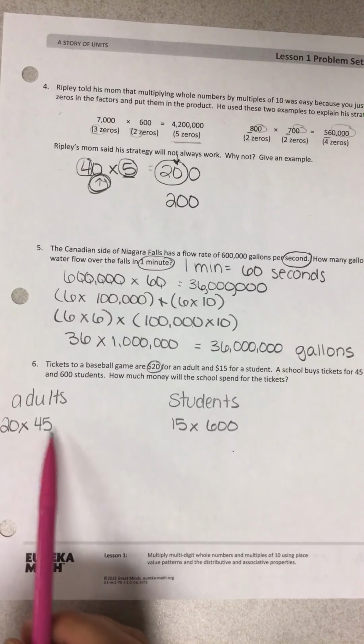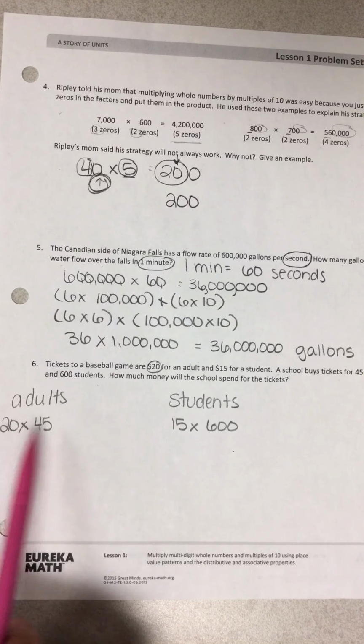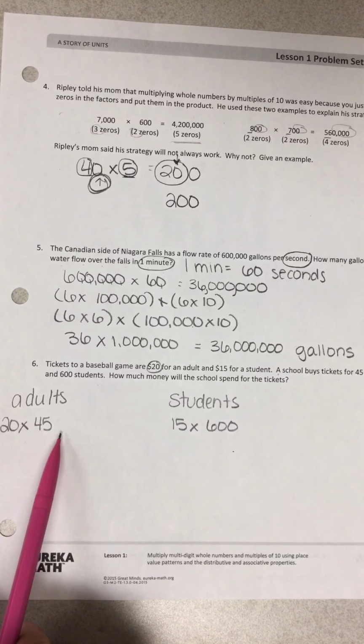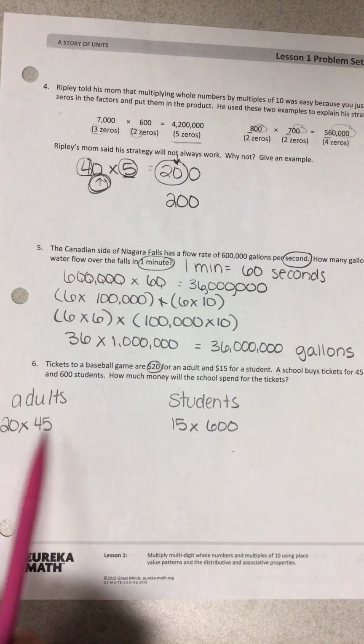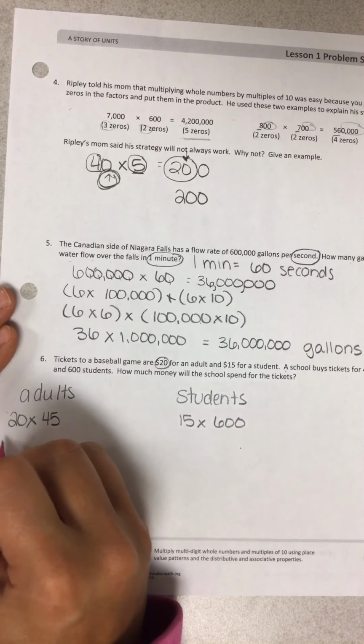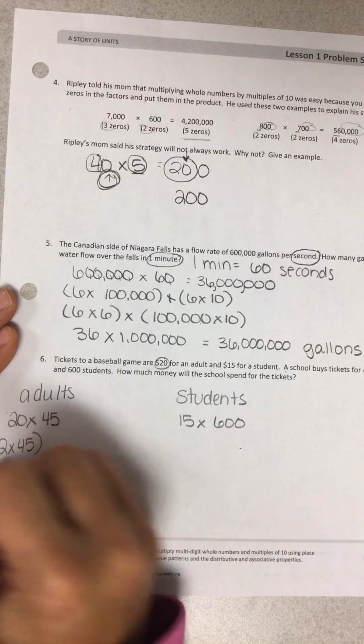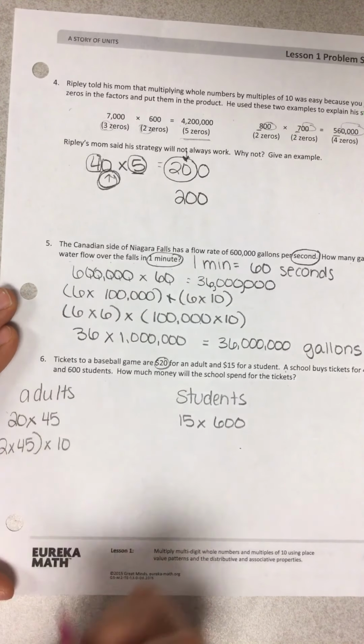This one would be a very good example of not doing what Ripley had said, because when I do 45 times 2, that is going to give me a number that has a 0 at the end, and I can't just say, well, I just need 1 zero and I'm done. So I'm going to do 2 times 45, and then I know I'm multiplying it just by 10.